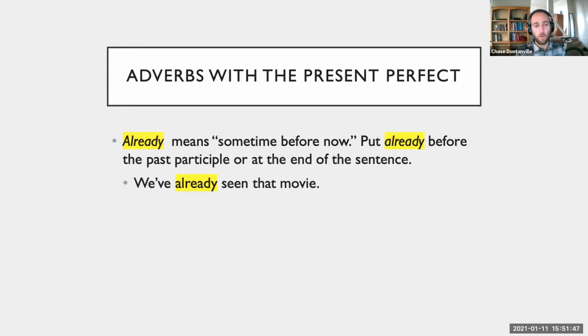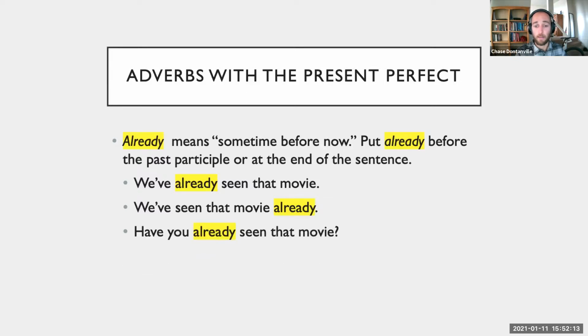So we've already seen that movie. In this case, already is before the past participle. But you can also say we've seen that movie already. So we're using the present perfect with already to mean that we saw the movie sometime before now.